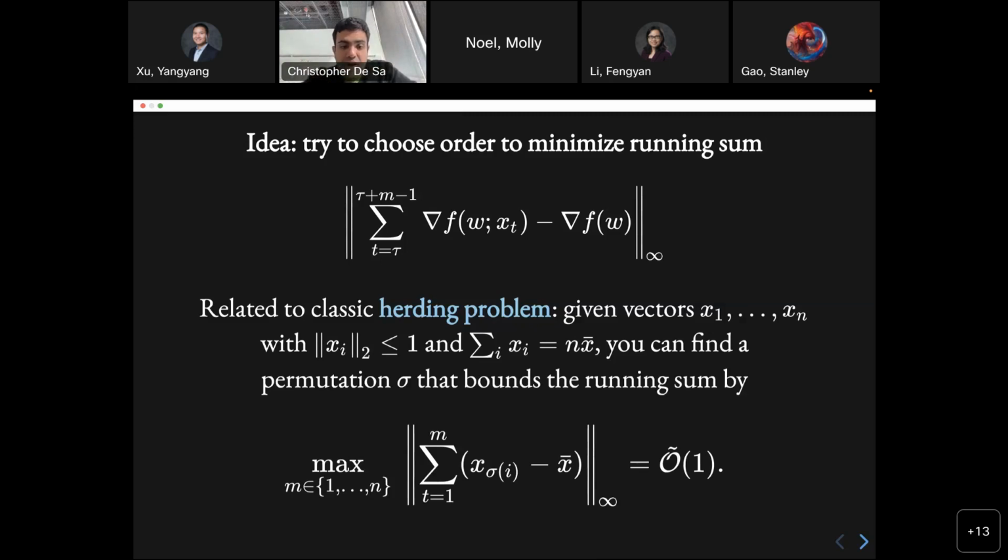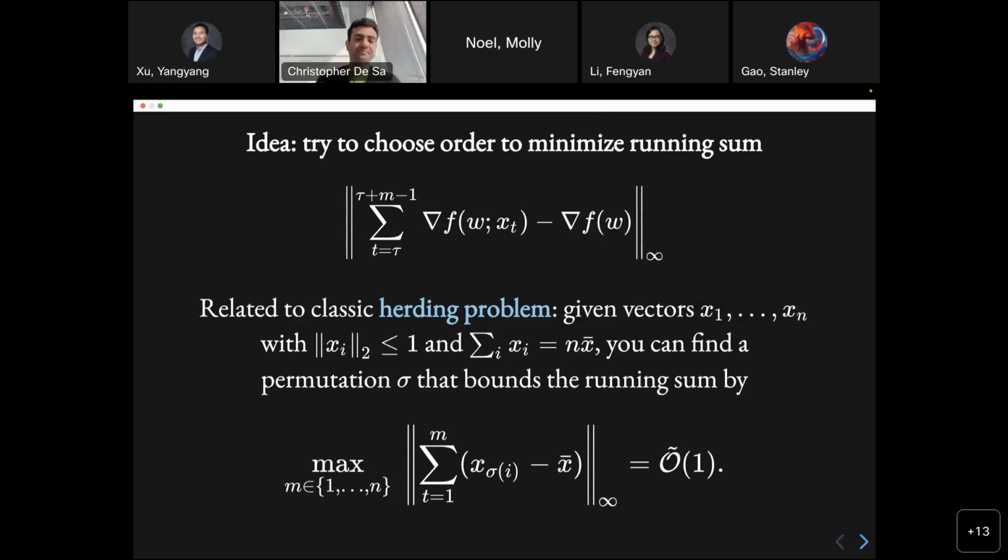Because if it's just a random ordering, then if we think about the first half of the permutation, that's going to choose a random subset of the vectors. And it's pretty easy to see from a variance argument that the variance of that is going to scale with the number of vectors that we sum, which is n over 2. And so the square root of the variance, which is going to determine this error, will scale as square root of n.